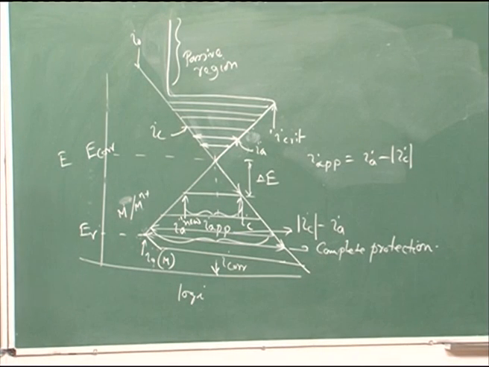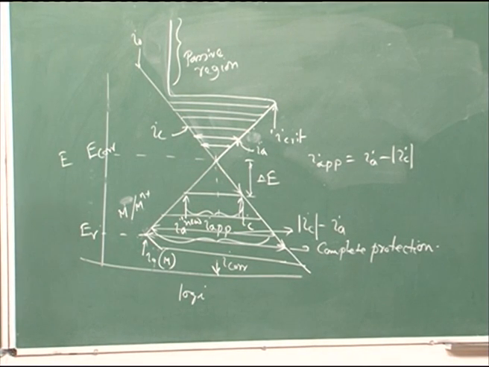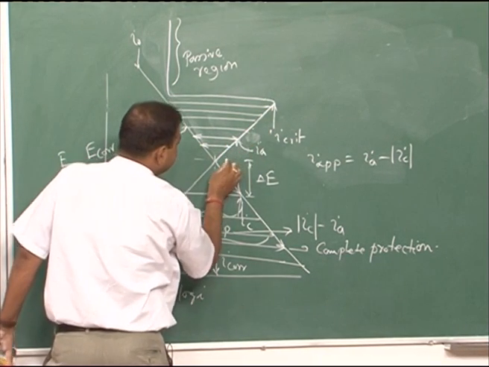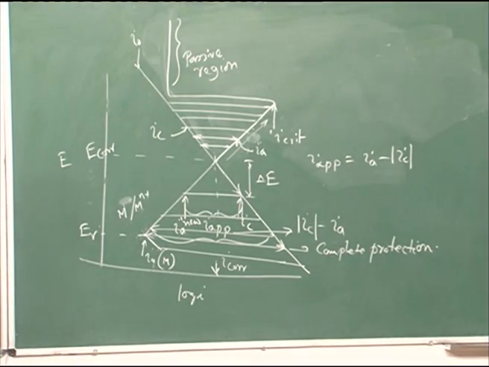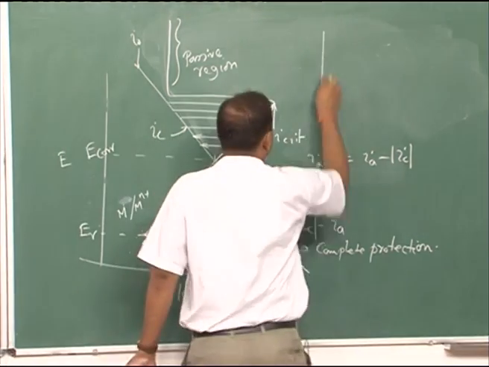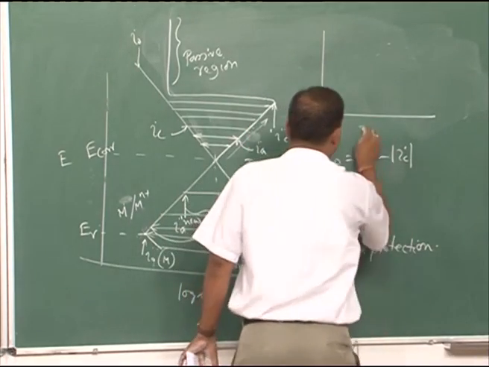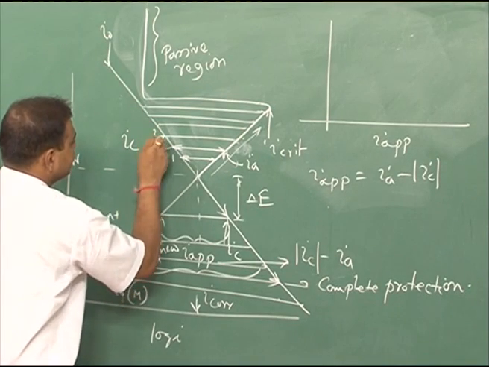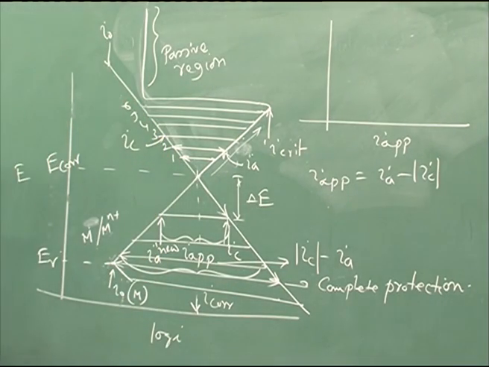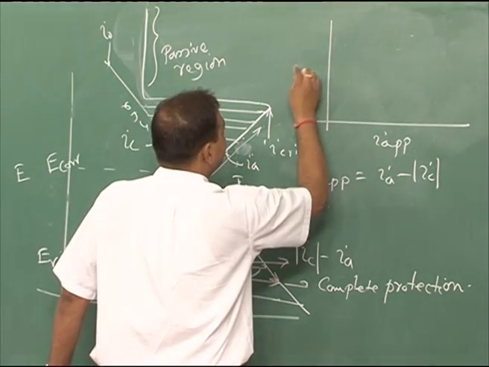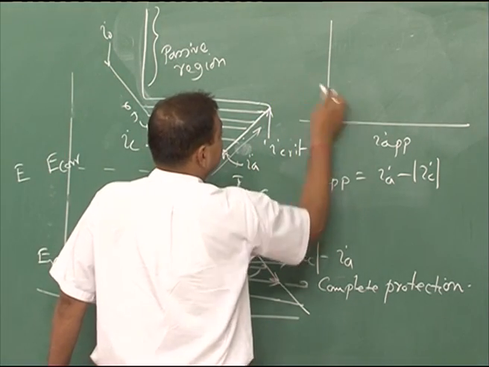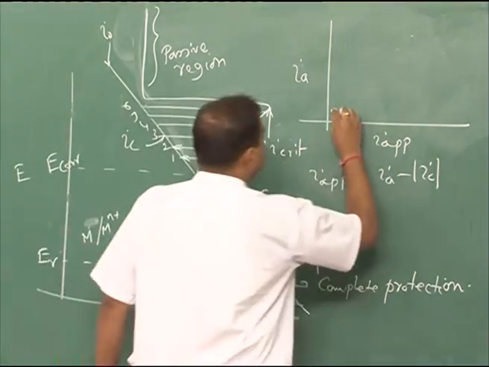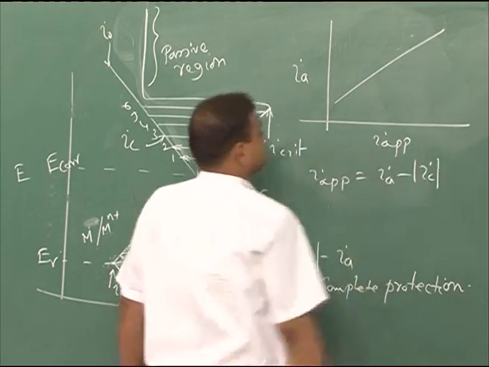Now, if we keep on increasing the applied current, we will see that the anodic current density is increasing; it is following this track. If we plot the anodic current density against I applied up to this point, let us say this is 1, 2, 3, 4, 5, 6, up to 6, then as we keep on increasing I applied, IA is also increasing like this.